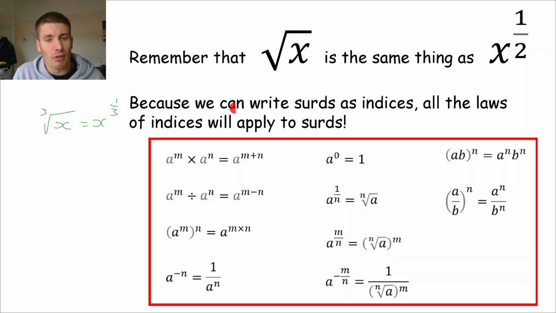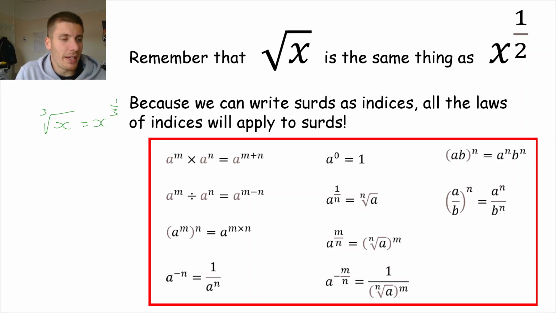Because we can write surds as indices, which you can see here, surd, indice, surd, indice, all of the laws of indices apply to surds. So everything we've seen previously in our work on indices also applies to surds, because they're the same thing, just written in different ways. For example, we're going to look at this law down here.